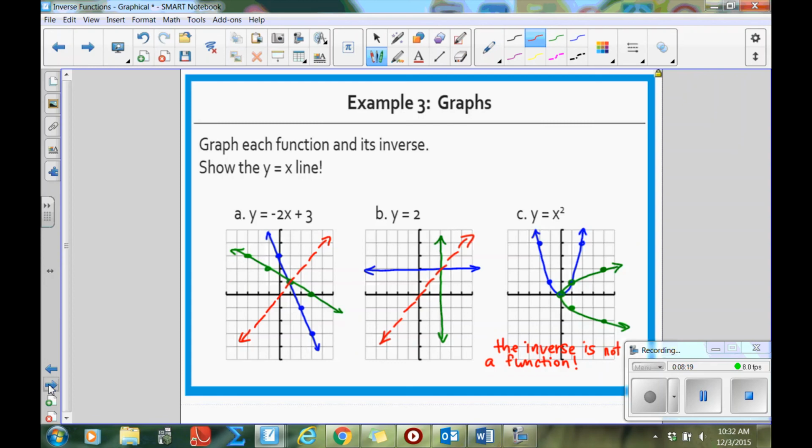We know that because it fails the vertical line test. So we could also look at the original parabola and realize that the inverse will not be a function because the original blue quadratic parabola fails the horizontal line test.